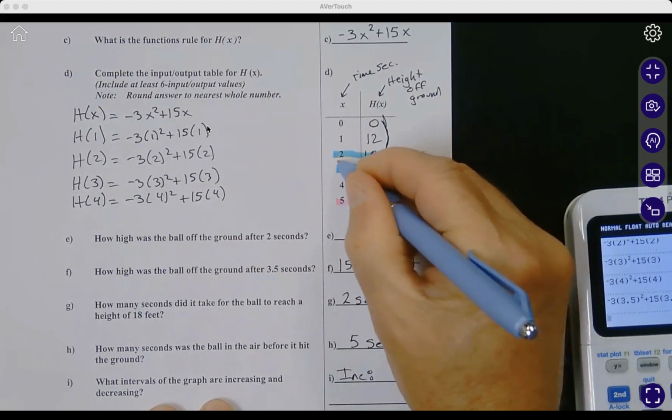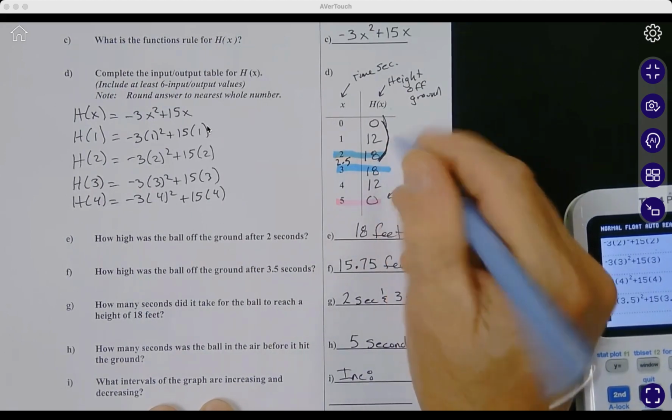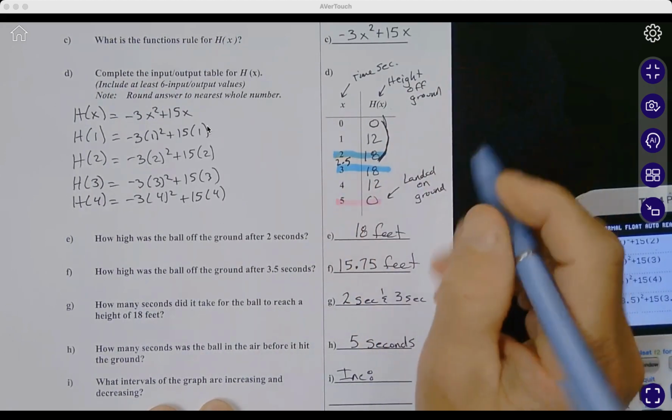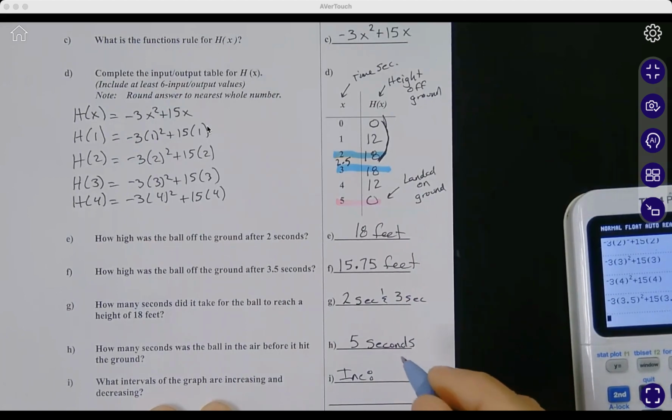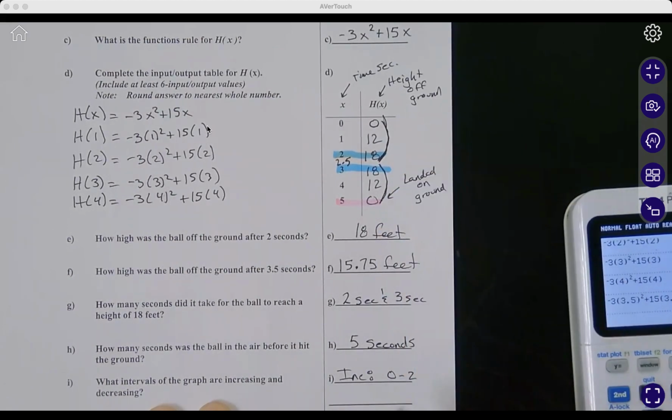Now at 2.5 seconds, it went a little bit higher than 18, but let's pretend like we're not sure about that. We'll learn that later. So it increases from 0 to 2 seconds. And then notice from 18 to 0, it decreases. So it decreases from 3 to 5 seconds.